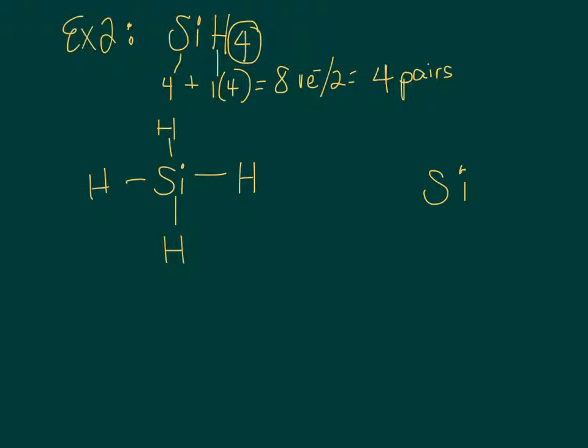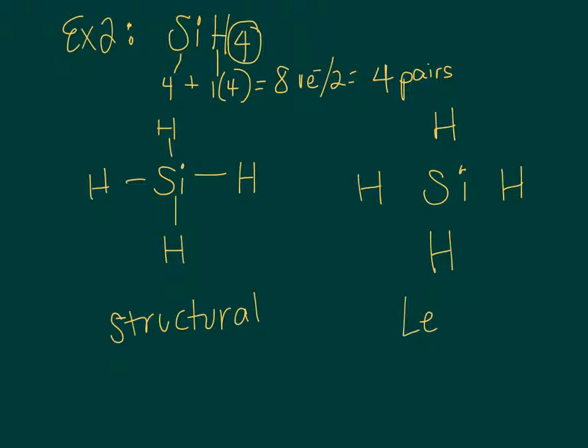I'm going to do the same thing over here on this drawing, but this is technically called the Lewis dot structure on the right. So this is my structural formula. This is my Lewis dot formula. You're going to see it both ways, so that's why I want you to see it as both. The test has both, the CBA has both, the final exam has both, so you need to know this.